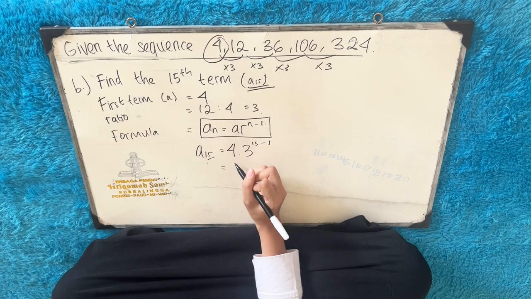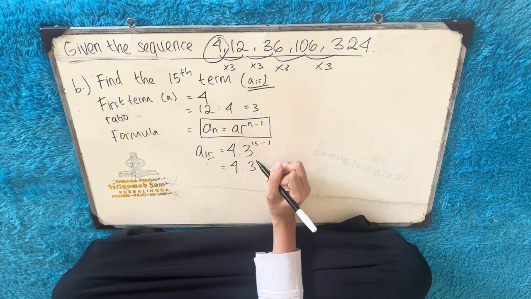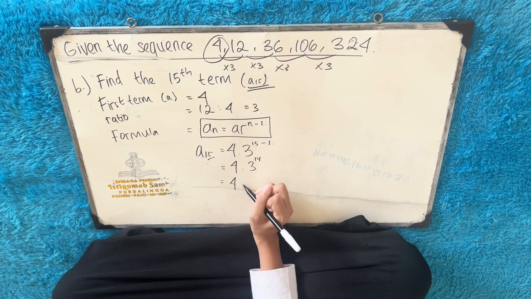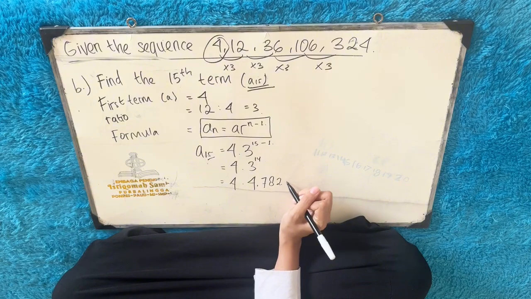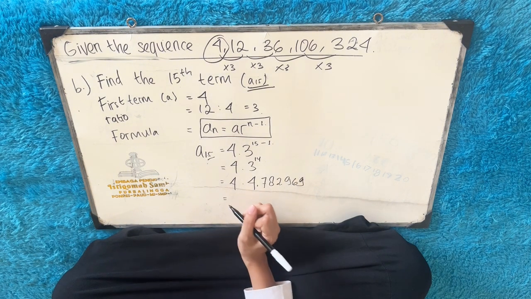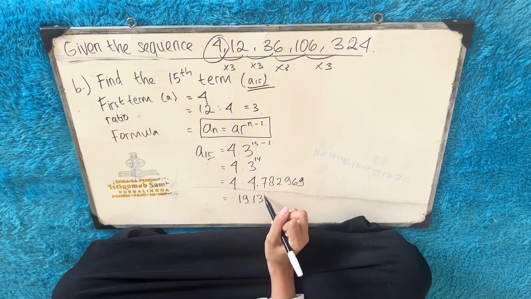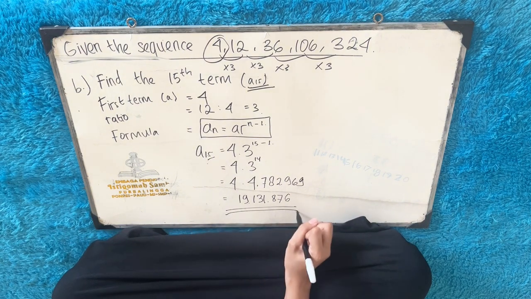So we get 4 times 3 to the power of 14, which is 4,782,969 times 4. So we get 19,131,876.